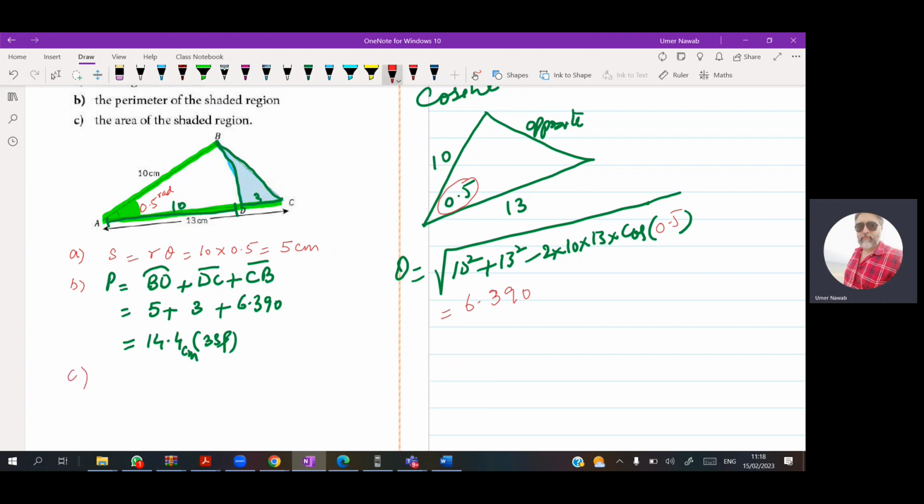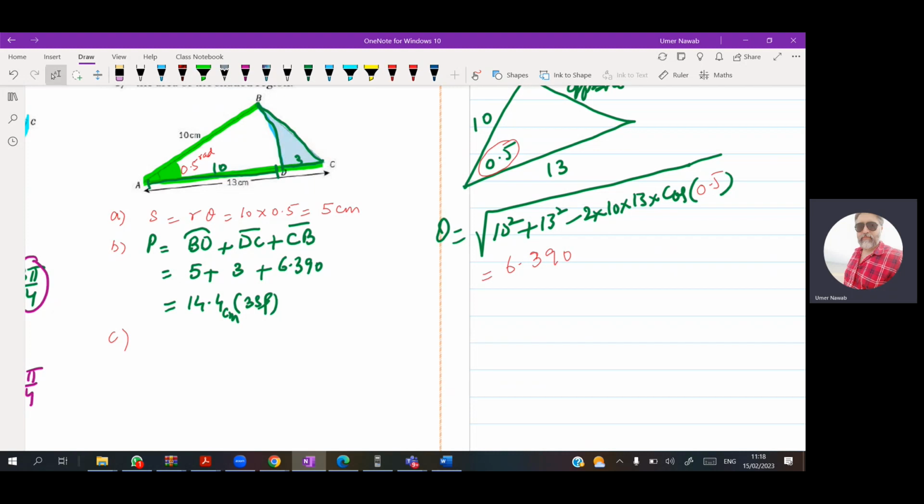C part, find the shaded area. So I need to find the area of the big triangle ABC.